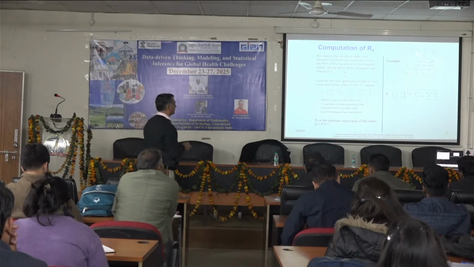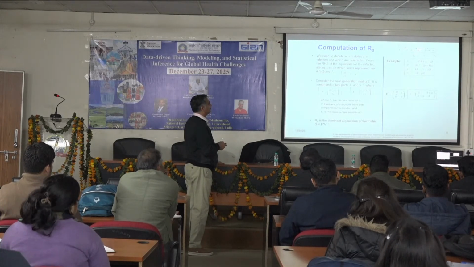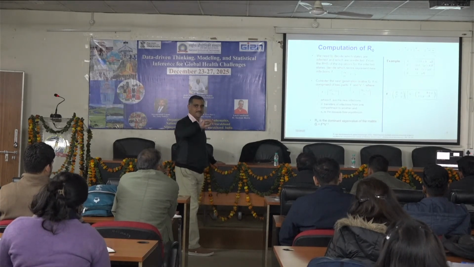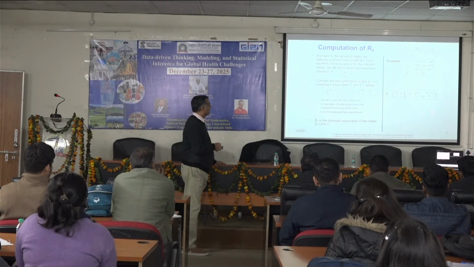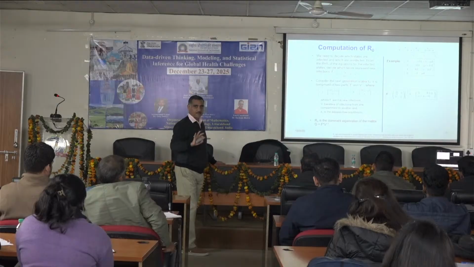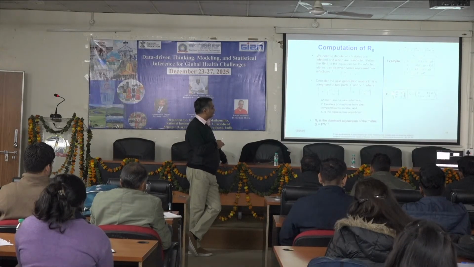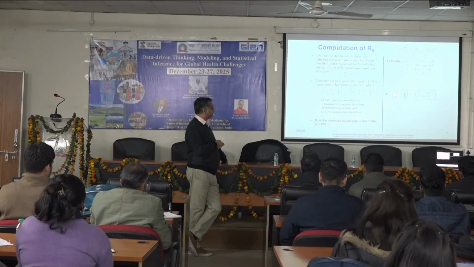This is a new infection, and this is the only new infection. This is an old infection going from one state to another, and this is an old infection going from one state to another, but these are not new infections. So only beta SI is a new infection. The beta term is the new infection, the rest are not.